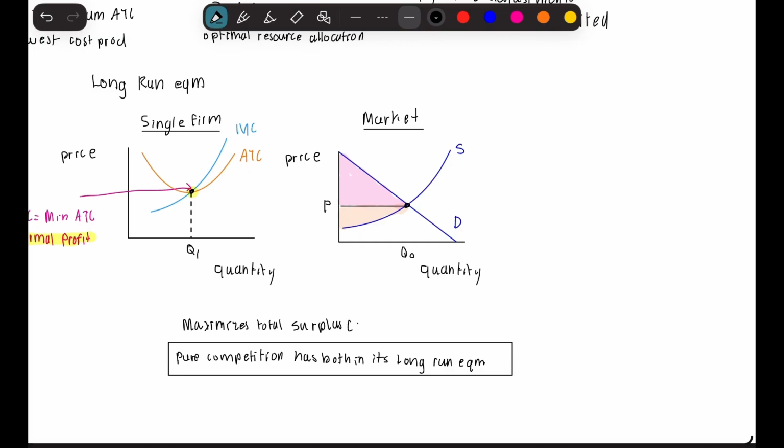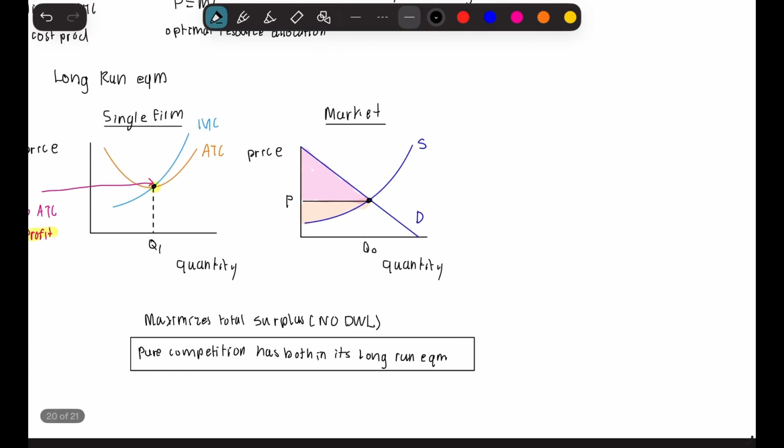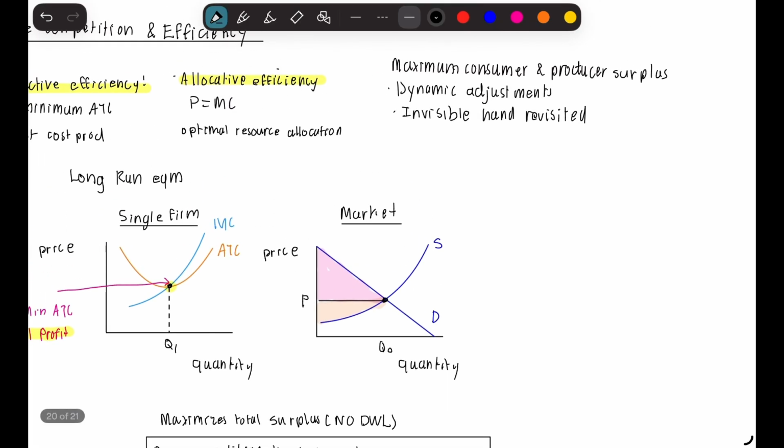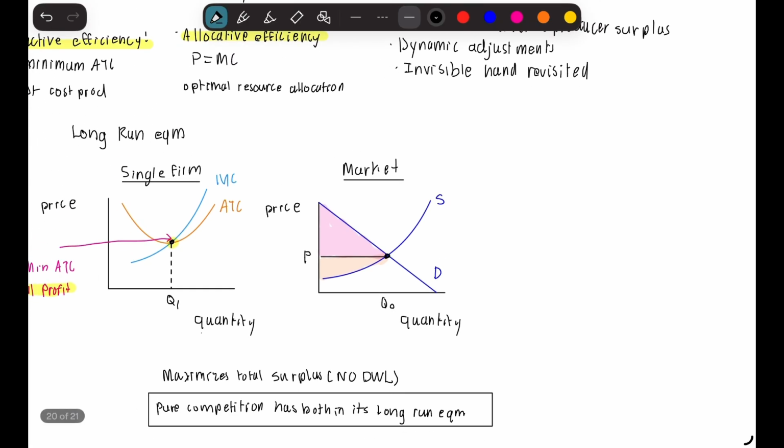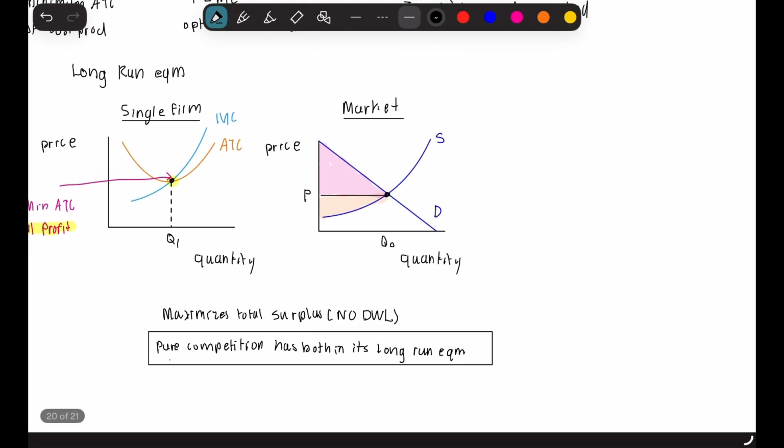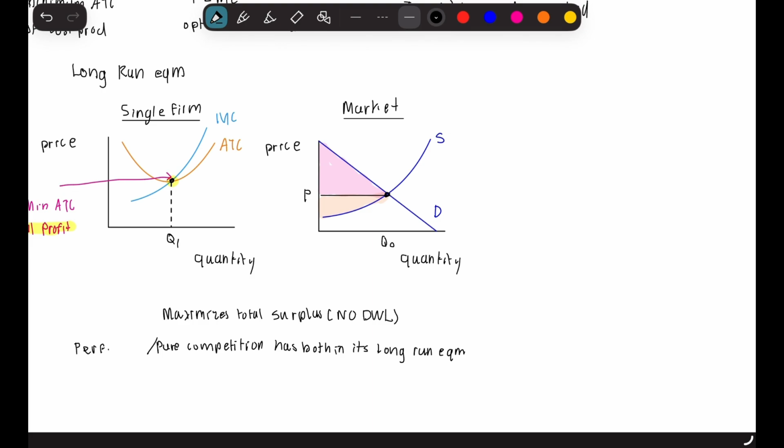That means you have no deadweight loss. When you have perfect competition, that is when you have full efficiency.